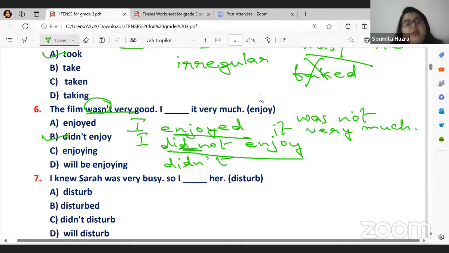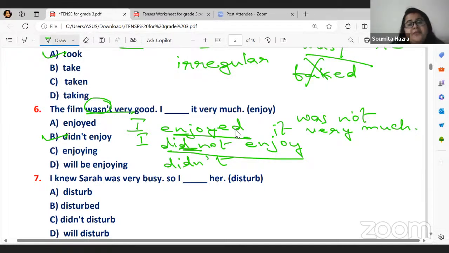If I would have asked you to frame an interrogative sentence, positive mein I enjoyed, negative mein I didn't enjoy. Acha, didn't enjoyed nahi hoga, okay? It will not be written as I didn't enjoyed it. If I have used didn't, I cannot use this ed with enjoy.